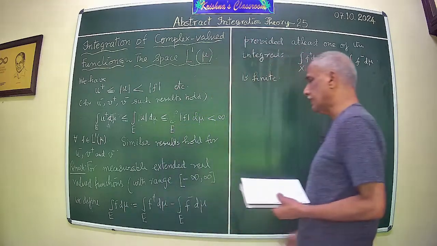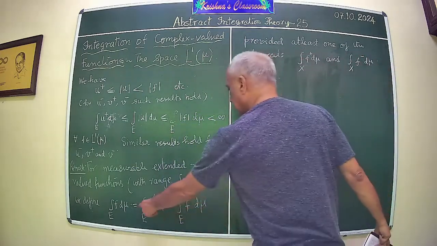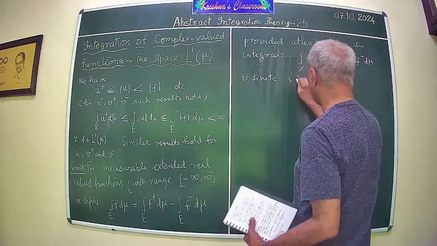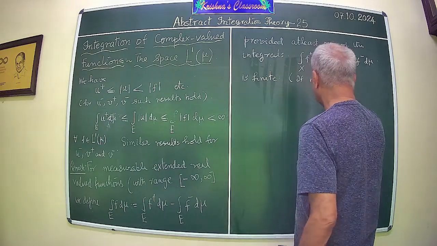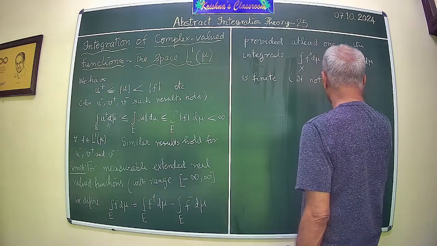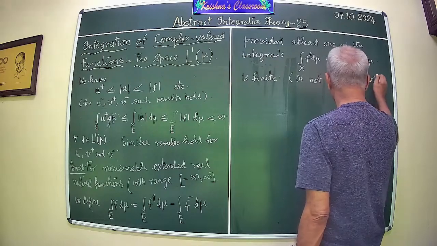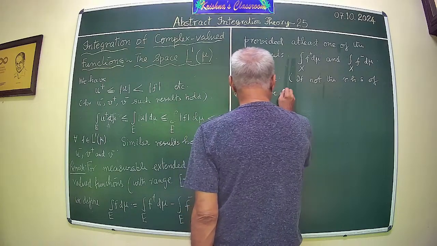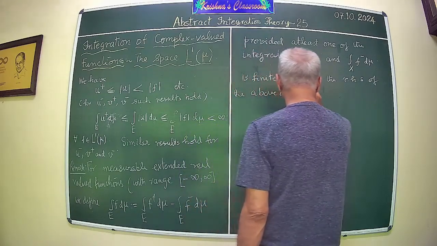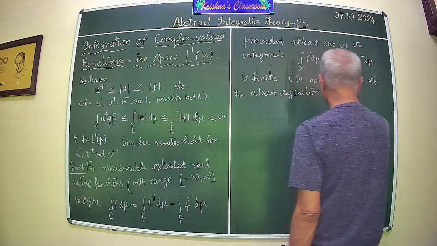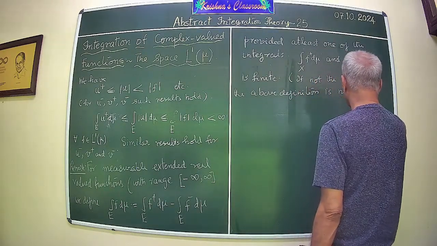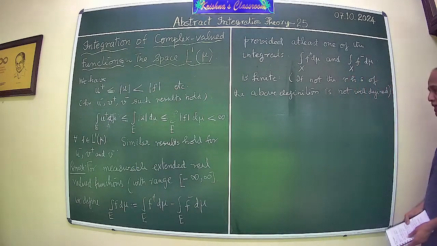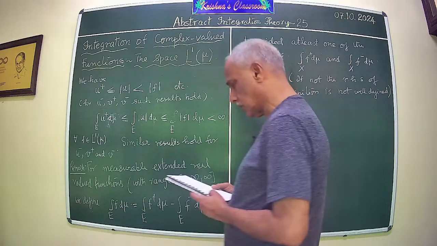If this condition is not there, then you get some indefinite value. It's not well defined, because you get an indefinite value from it. That is the reason. Okay.